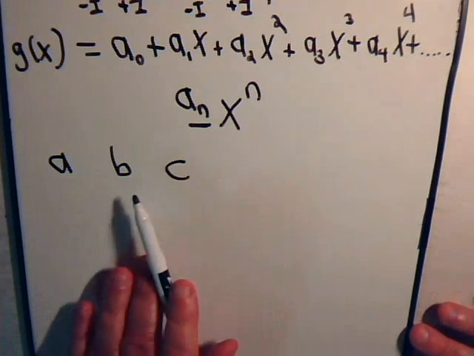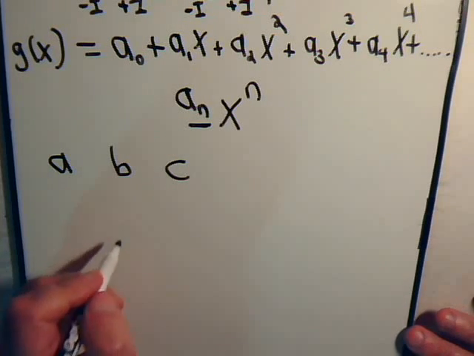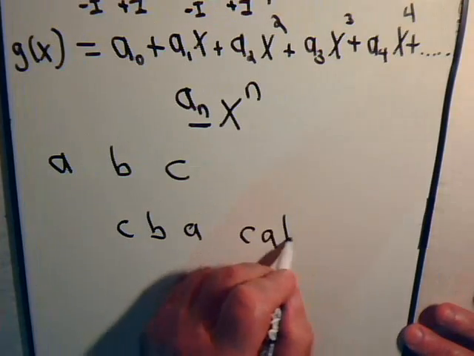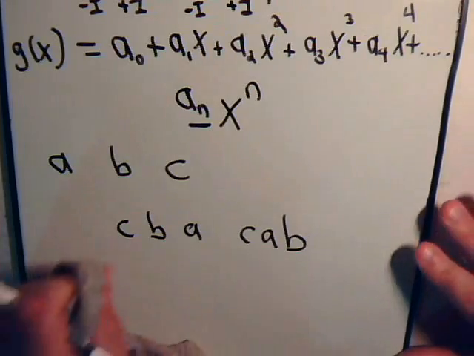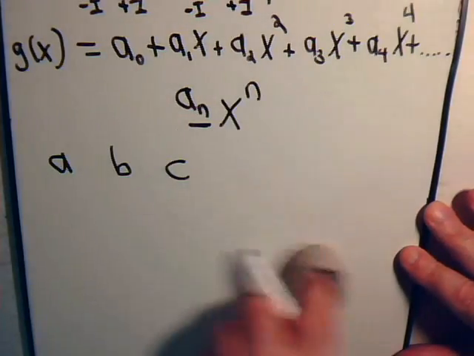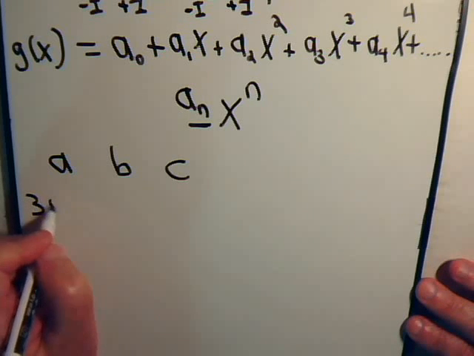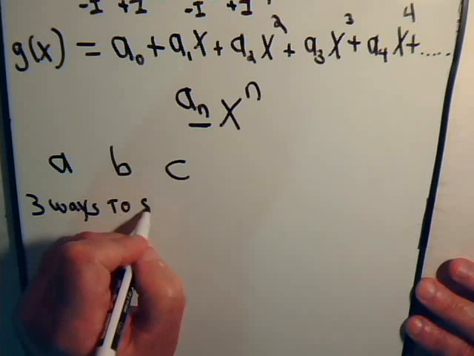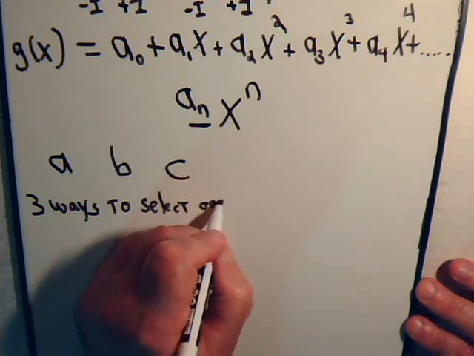We could choose an A, a B, or a C. Again, the order doesn't matter, so if we decide to choose CBA or CAB, it doesn't matter, so all these are the same. So the number of ways to select one object is 3.